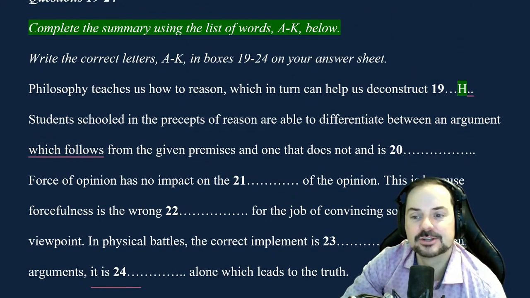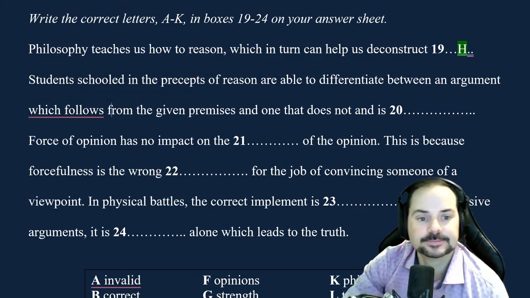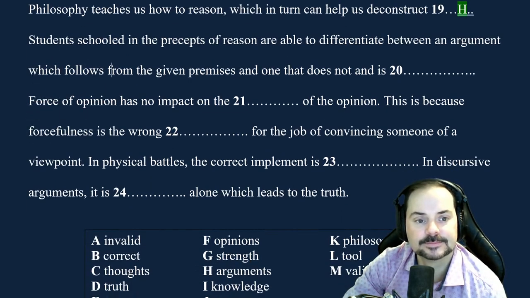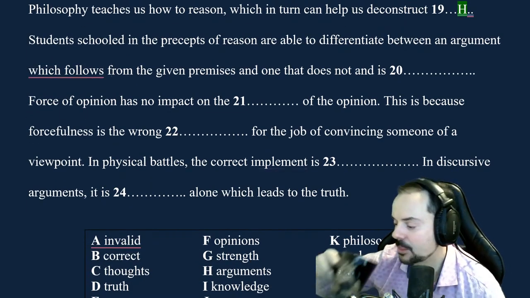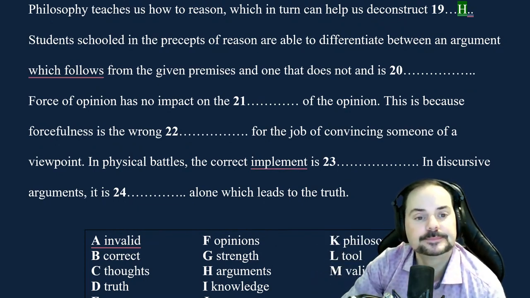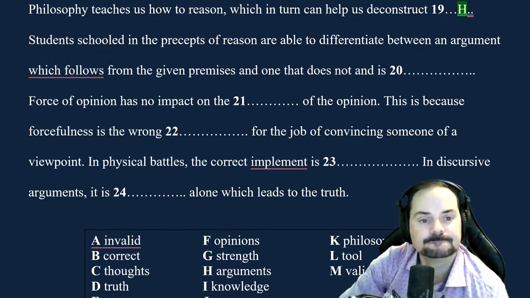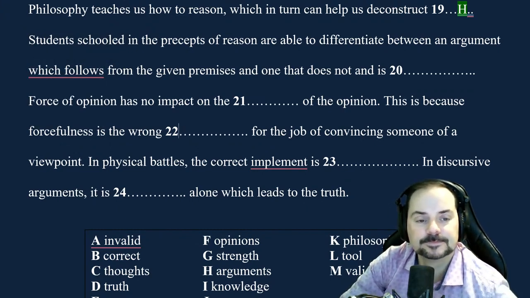Well, let's get into it, Alexander. Whenever you're ready, start reading the summary completion question from students schooled in the precepts. Go from there. So students schooled in the precepts of reason.